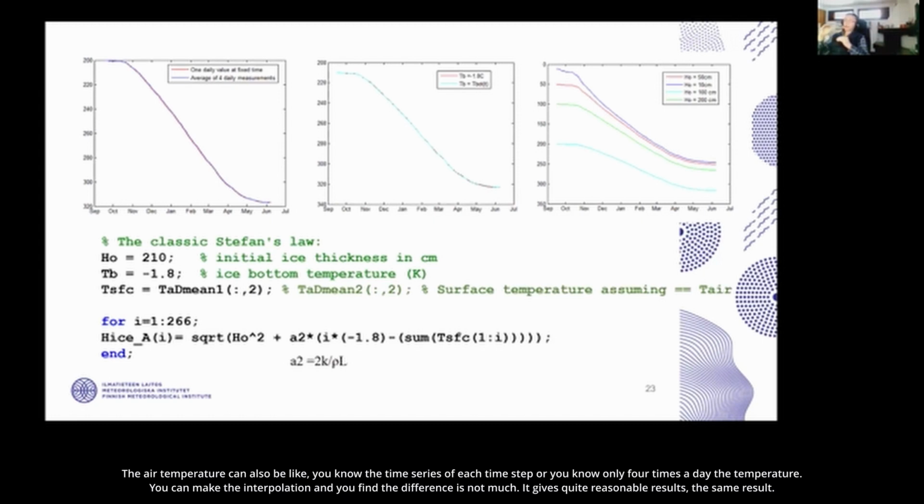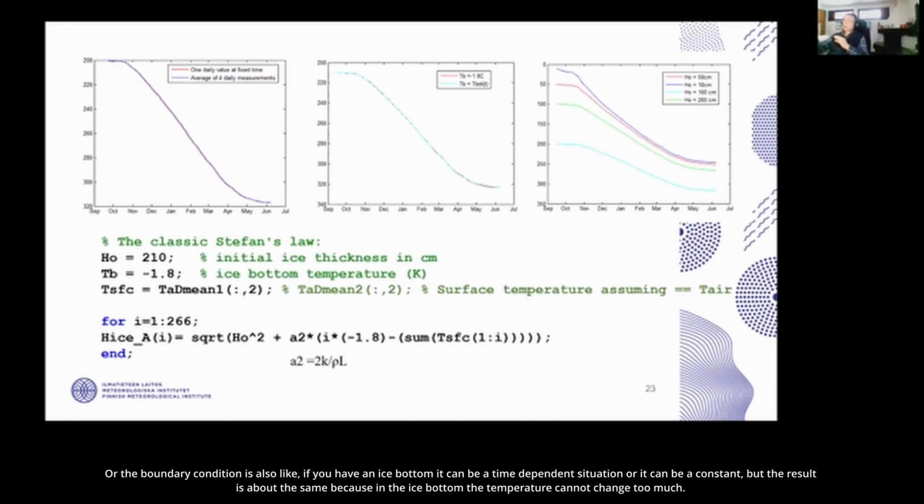The air temperature can be a time series at each time step, or you know the temperature only four times a day. Then you can make the interpolation and you find the difference is not much. It gives quite reasonable, the same results.